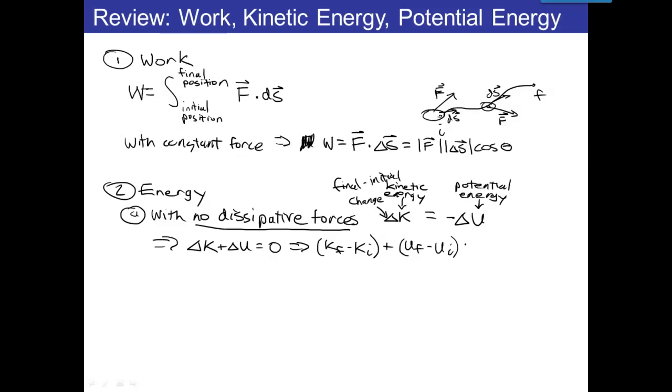That's our change in potential energy. And if I now gather up all the final states on one side and all the initial states on the other side, we get K final plus U final equals K initial plus U initial. Does anybody recognize this equation? What does this tell me about energy?